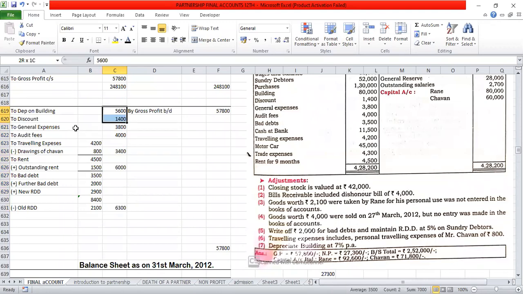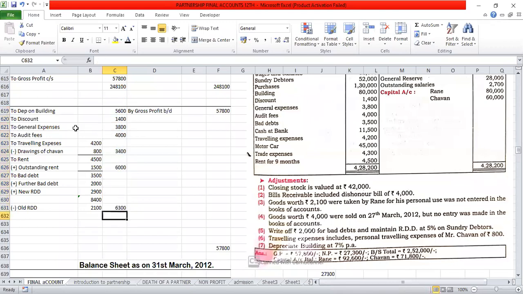5,600, 1,400, 7,000. 7 plus 3, 10,800 plus 4, 14,800 plus 3,400, that is 18,200. 18,200 plus 6, 24,200. 24,200 plus 3,500 and 6, that is 30,500. Correct.